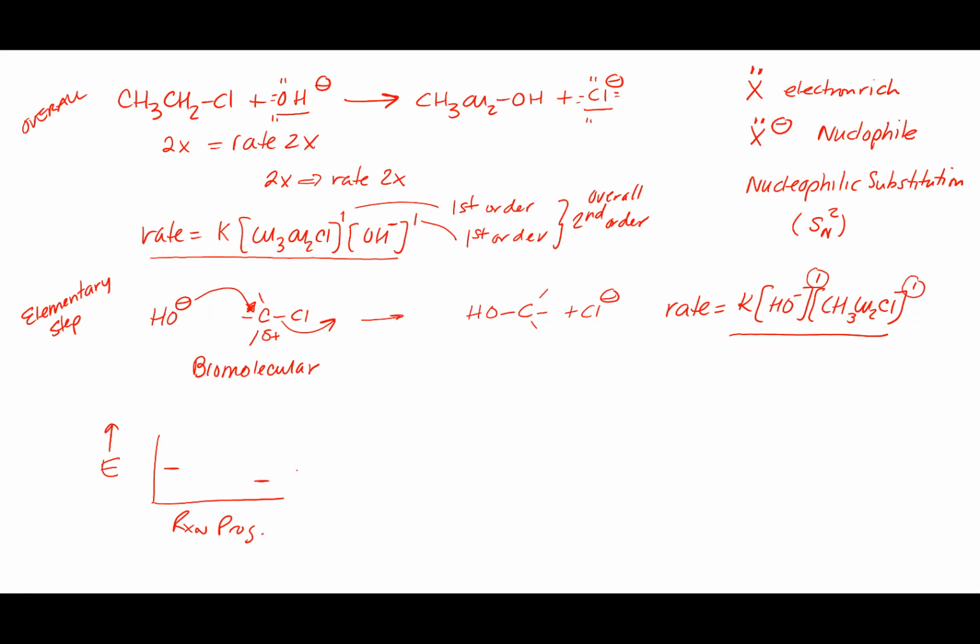And I'm not going to worry about whether this is endo or exothermic right at the moment. But what goes in the middle? Looking at this mechanism, what should go in the middle? The energy's got to go up, right? And we've got to form a transition state.